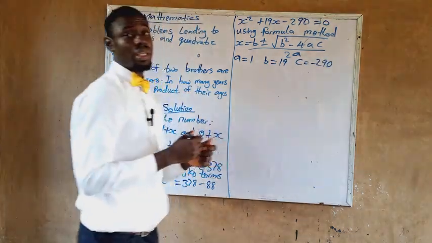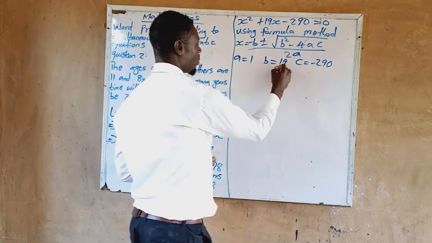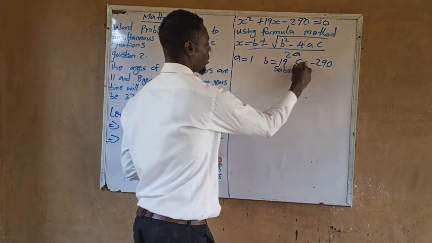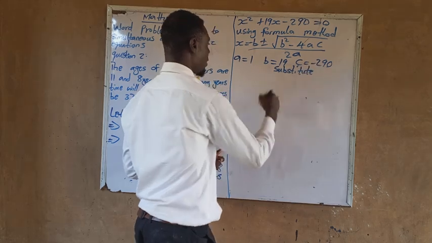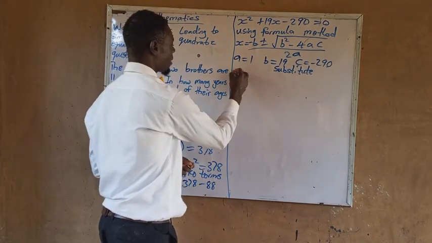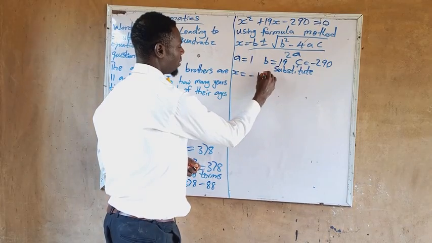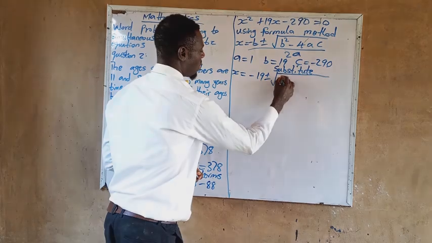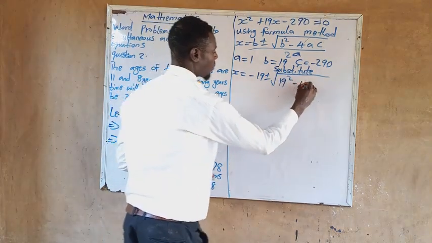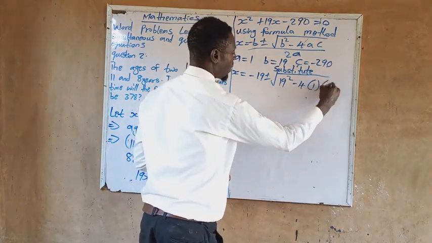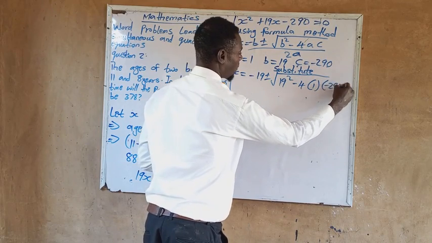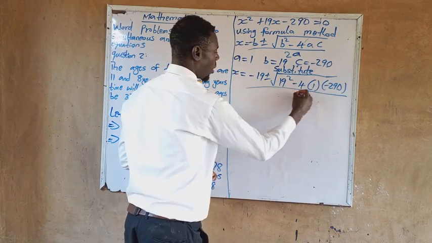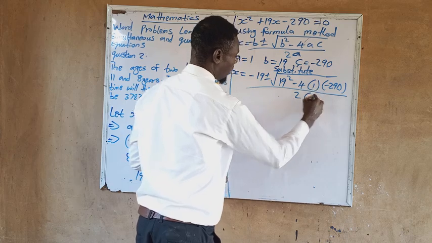Now let's substitute into the formula. We have x equal to minus 19 plus or minus the root of 19 squared minus 4 times (1)(minus 290), all divided by 2 times 1.